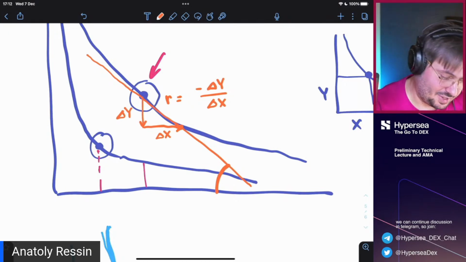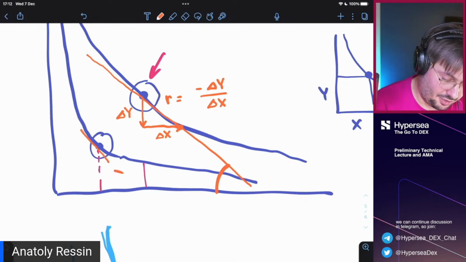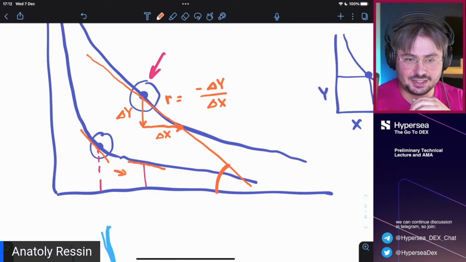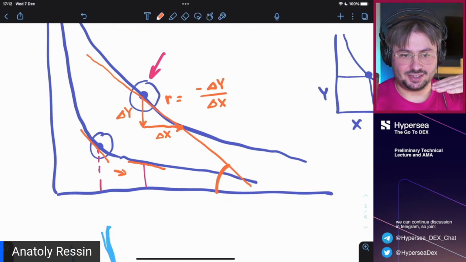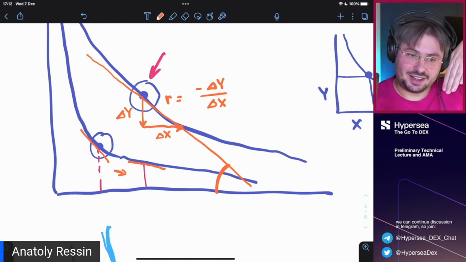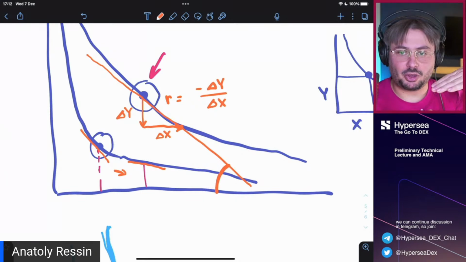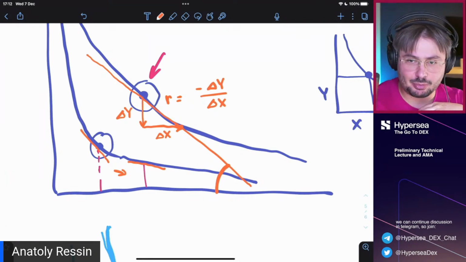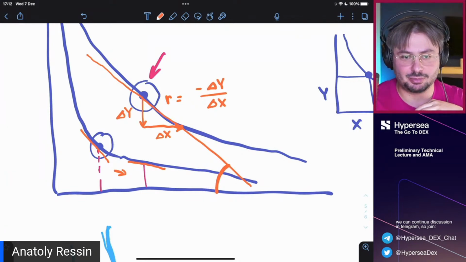It means that if we were here and we move, for example, to here, you see what happened with the slope. It changed. It means that when we move on a more curved line, the price changes more sharply.